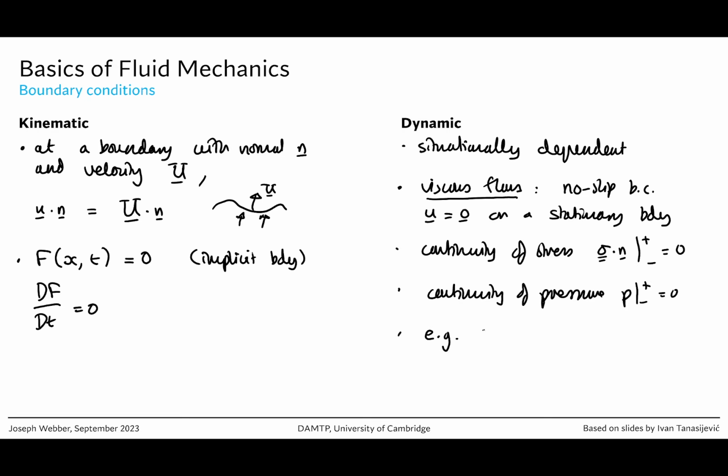So for example, with surface tension, stress is no longer straightforwardly continuous. See the Young-Laplace equation for an example of what the boundary condition is on the normal stress when you have surface tension. Okay, that was a bit of a whistle-stop tour. We'll generally introduce boundary conditions as we need them for different problems.